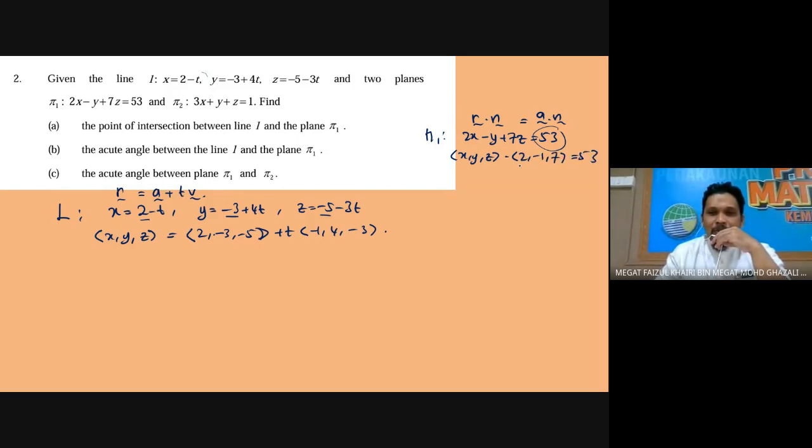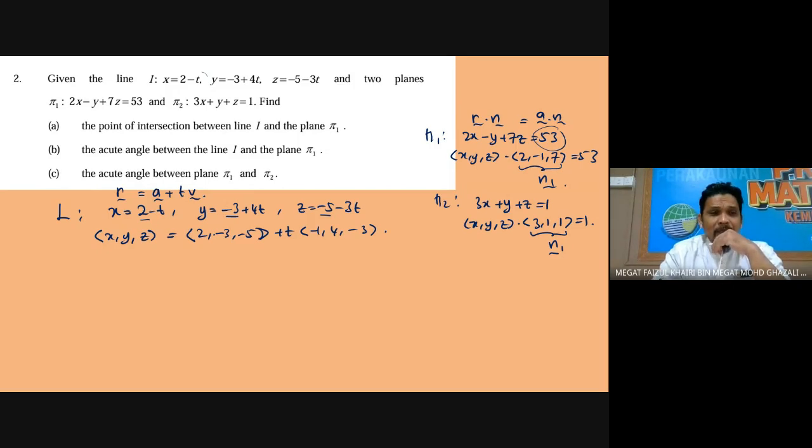So this is the normal for pi 1. Then pi 2, we have 3x plus y plus z equals 1, so x, y, z dot 3, 1, 1 equals 1. This is the normal for plane number 2.